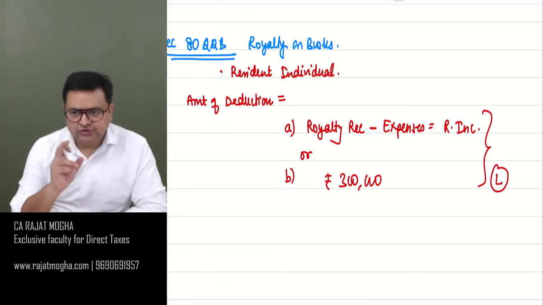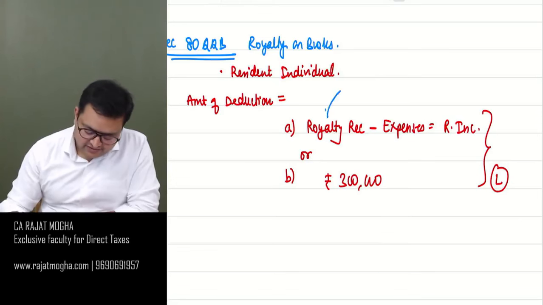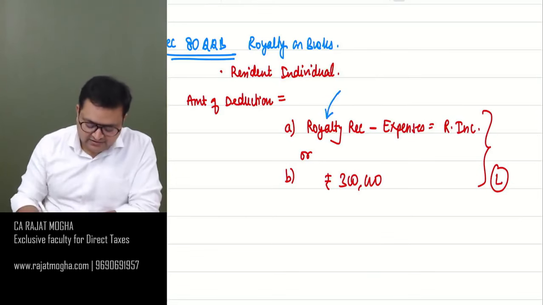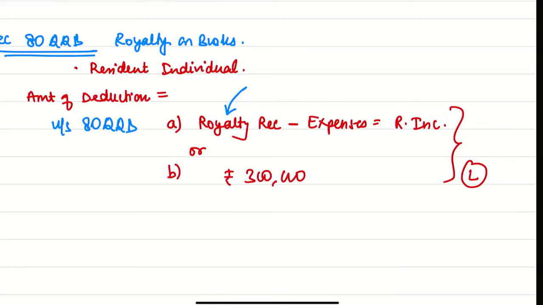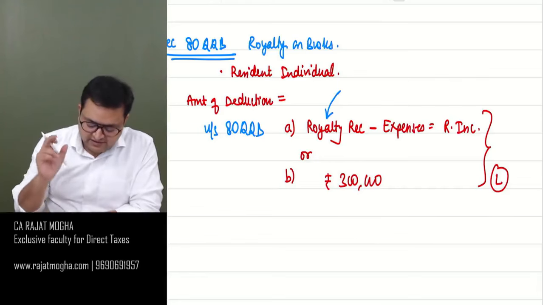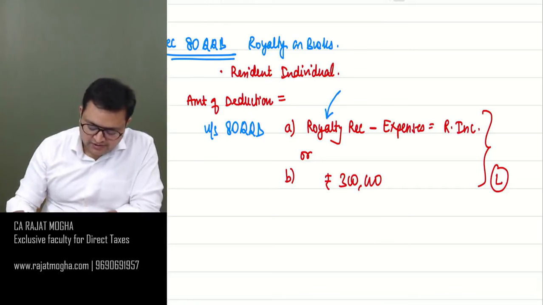One or two points which you should remember: when you take this royalty received here while giving the deduction under section 80QQB, the royalty received should be not more than 15% of the value of books.